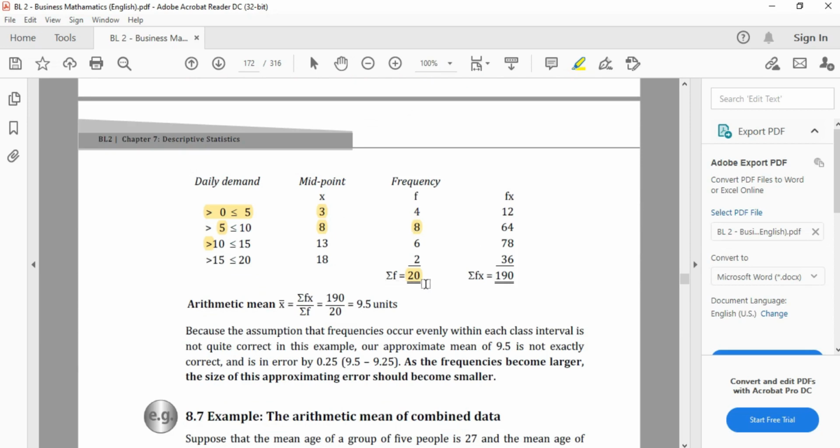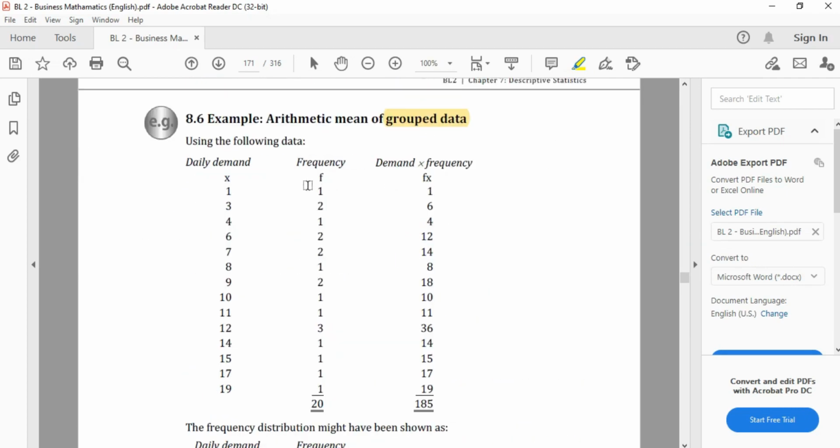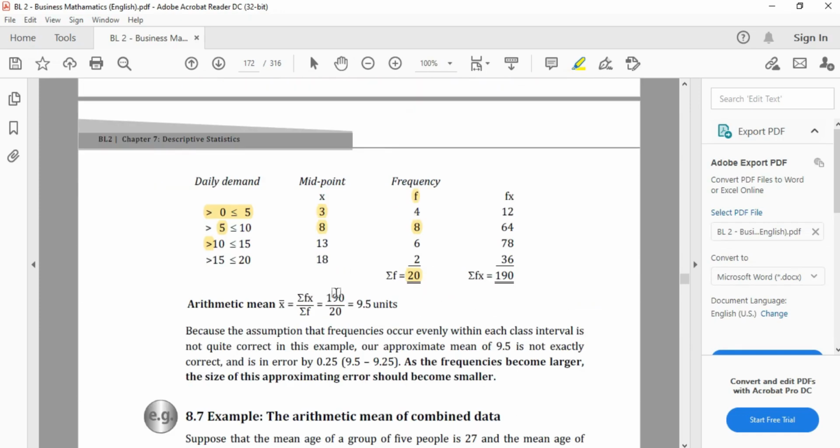Once taken the total, now in normal frequency, what they did was they multiplied the demand by the frequency, right? That was fx. But in a grouped data, the midpoint multiplied by the frequency must be obtained, not the demand.